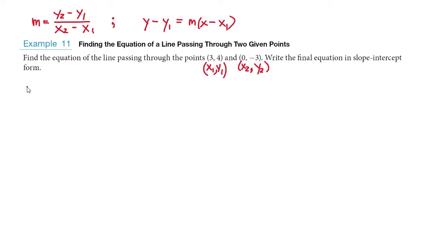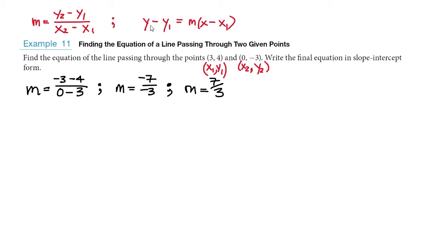To find the slope, I have m equals y2, which is -3, subtract y1, which is 4, all divided by x2, which is 0, subtract x1, which is 3. So the slope is -7 divided by -3. So the slope is 7/3.